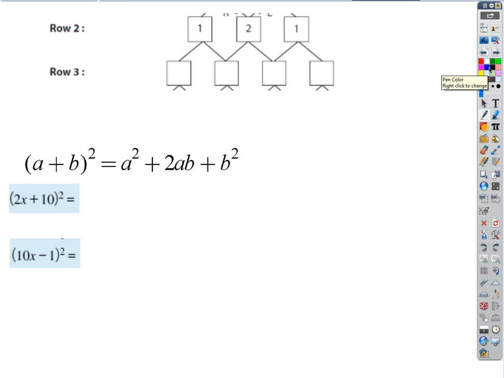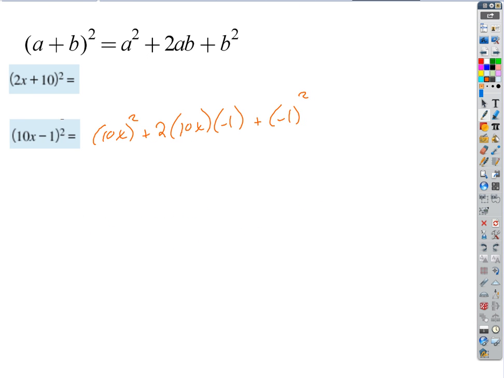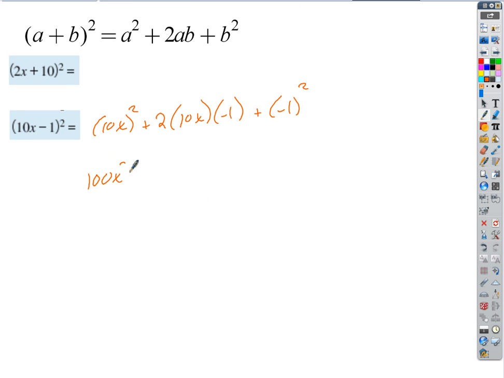So we're gonna get 1 times 10x squared, good, plus 2 times 10x times -1 plus -1 squared, good. And if we simplify all that, that's just gonna give us 100x squared minus 20x, right, plus 1. Okay, good.